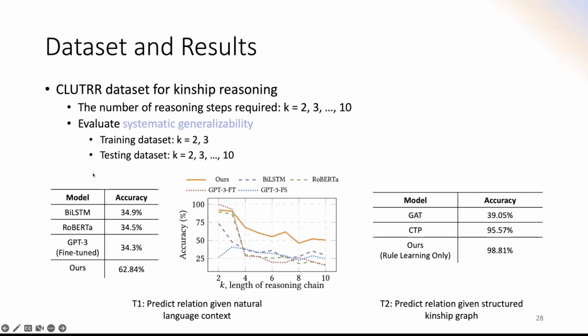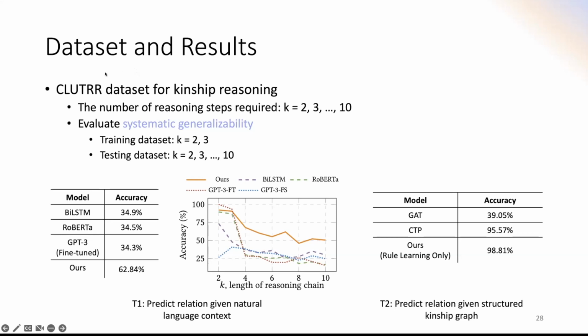And also, we want to talk about one interesting topic, which is systematic generalizability. Let's say you have one very short natural language paragraph versus one very long natural language paragraph. Certainly the number of reasoning steps required to solve these two tasks would be different, right?